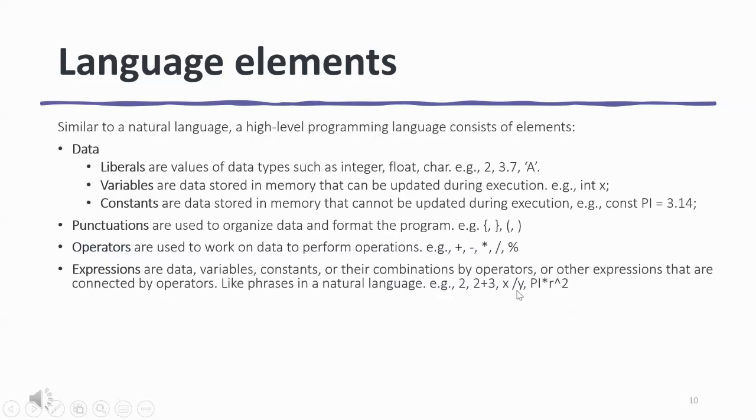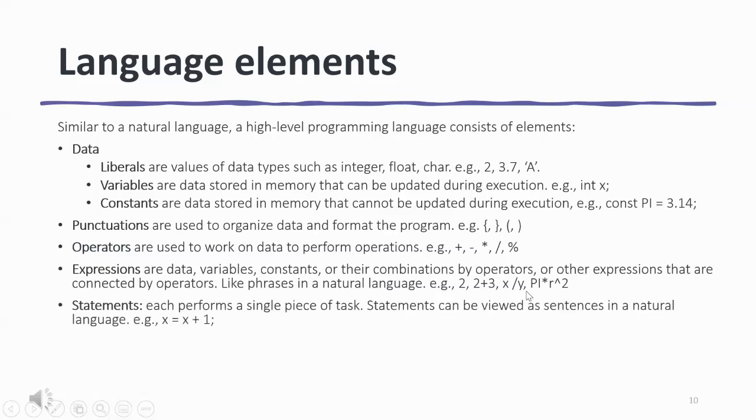Variable x divided by variable y is an expression. Constant pi multiplied by variable r power 2 is an expression. So basically, an expression is a kind of formula we use in mathematics. But there can be other expressions, like strings.